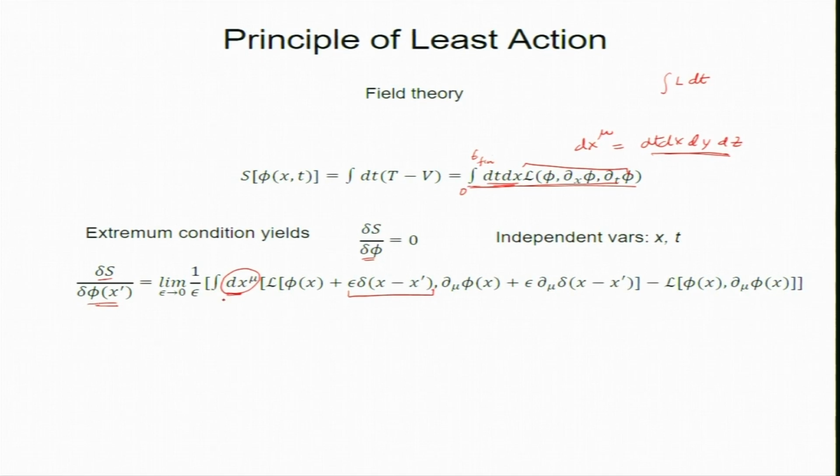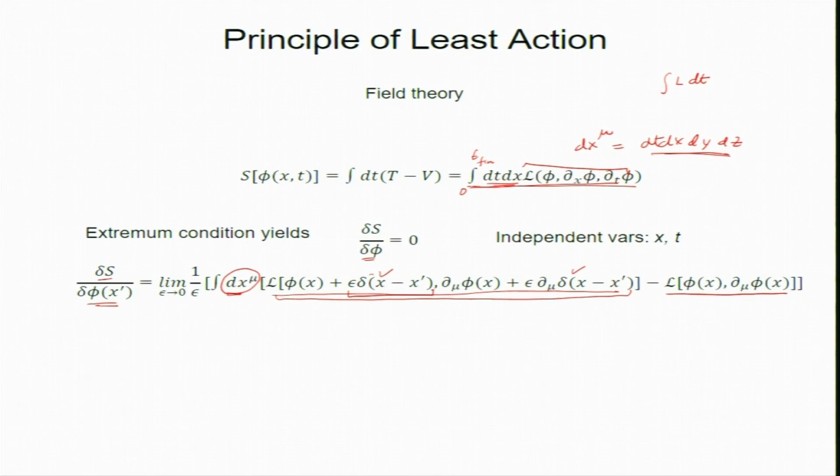So this is the integral with dx of the Lagrangian, which is a function of the perturbed phi, and then subtract the Lagrangian with the original phi and its derivatives. When I subtract, I need to do the Taylor expansion, because we will assume these two quantities to be small.